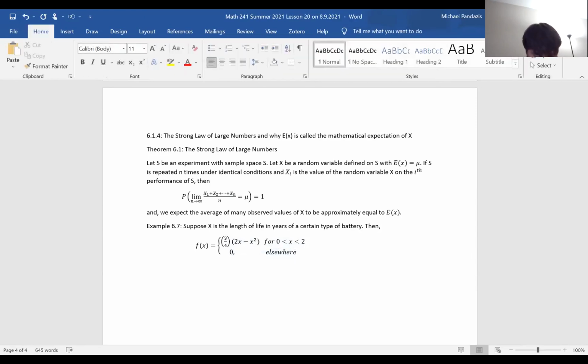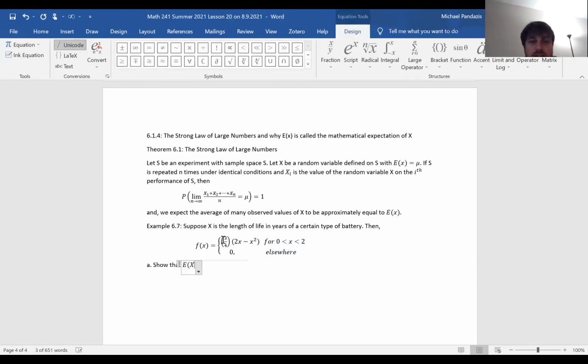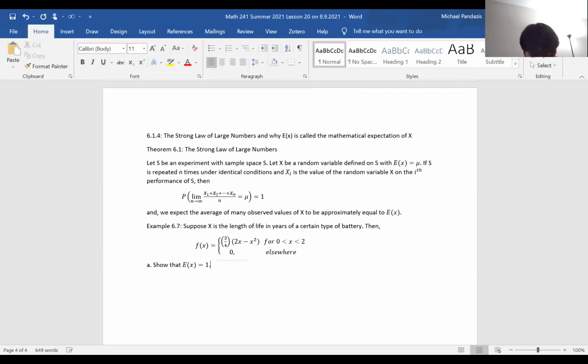Part A, show that the expected value of this X is 1.